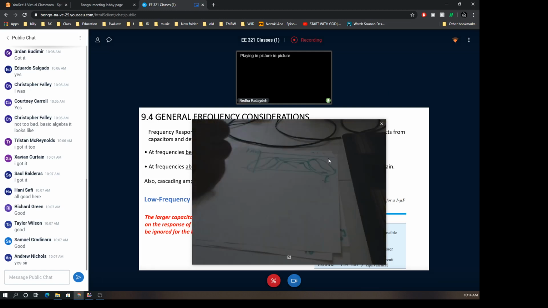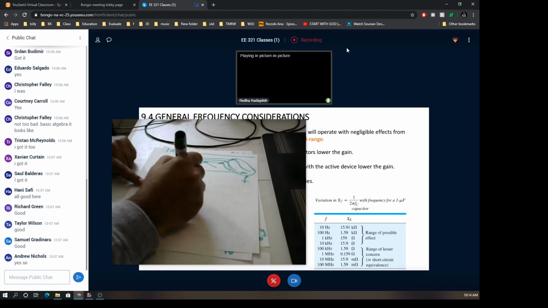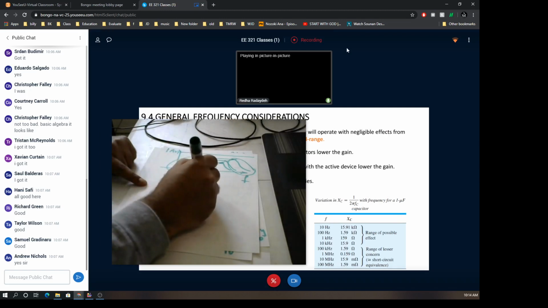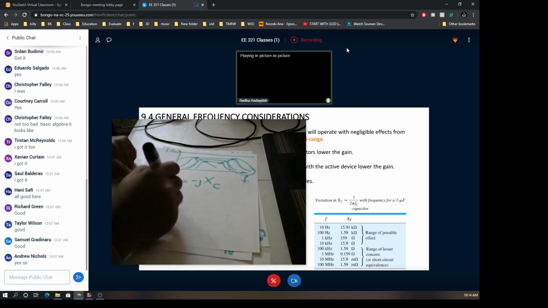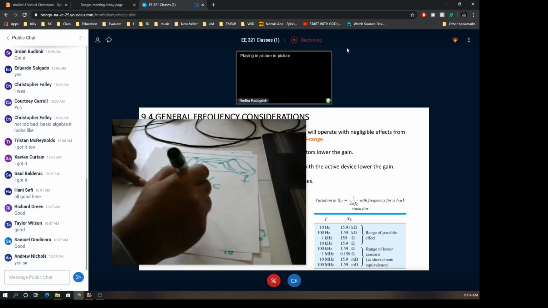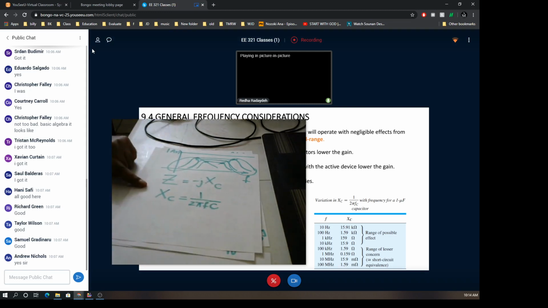The table shows us the impedance Z of these capacitors, which would be minus j times the reactance of these capacitors. The reactance of the capacitor will be 1 over 2 pi times F times the capacitance of the capacitor. Okay.